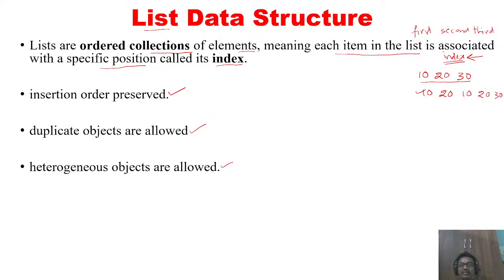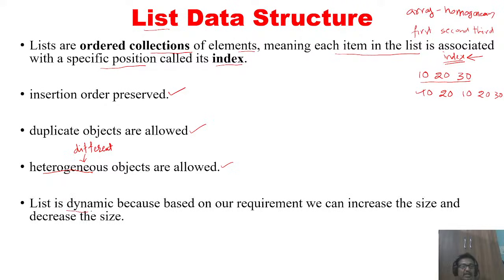Whereas in the previous session we said that an array is a collection of homogeneous elements, similar types only, here in a list you can store objects of different types. Different data type objects can be stored inside the list.